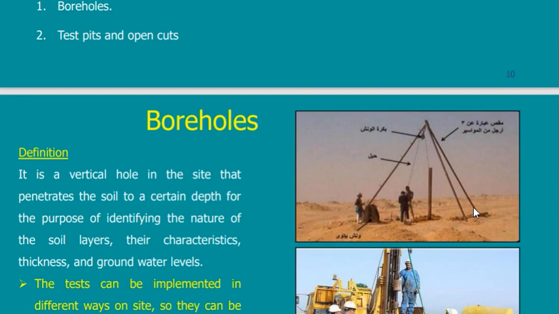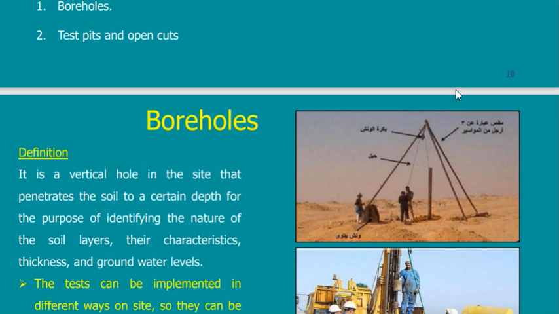Just a tripod and a pulley on top, and they just hang a tube on this pulley, and they use their effort and hand to push this tube into the ground, and the deeper it goes, then they bring it outside, take the samples from it, and send it to the lab.